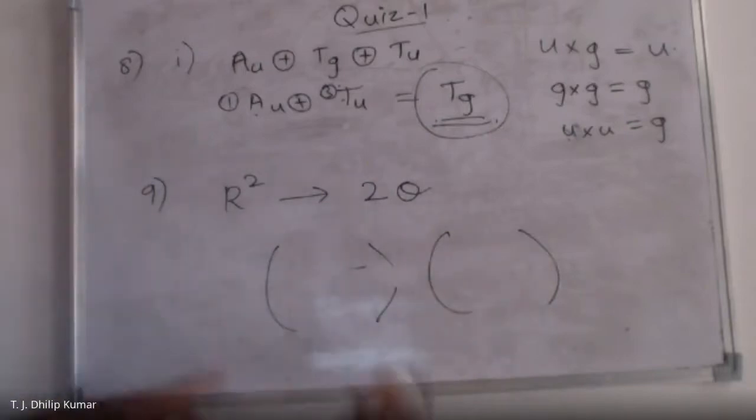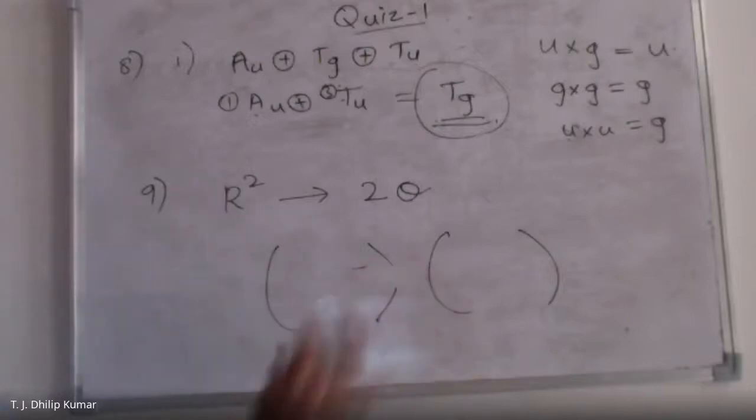Maybe you have not gone all the way to writing cos squared theta minus sin squared theta, that corresponds to cos 2 theta. Even if you have not written it, I have given marks. Most of you have got this. So it's 2 theta. R means theta rotation, and then R squared means 2 theta rotation.